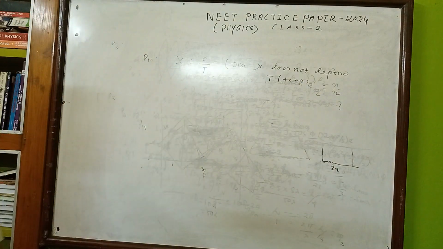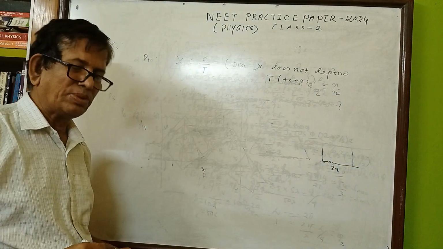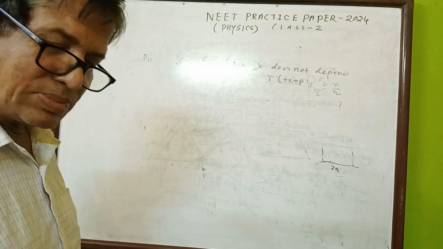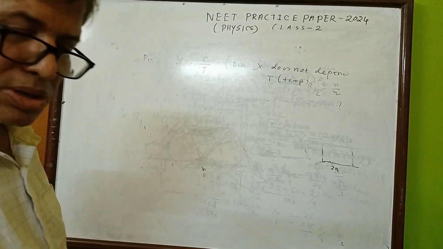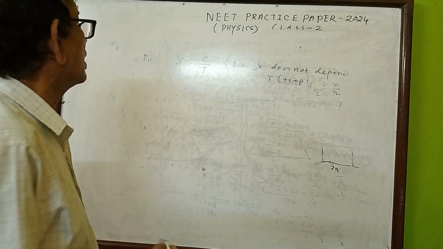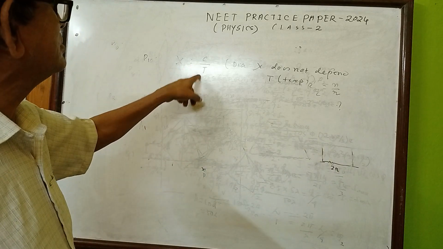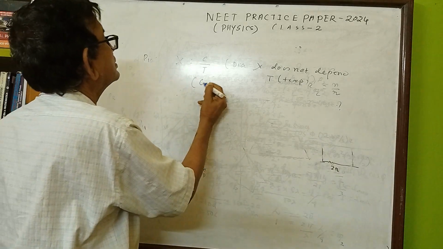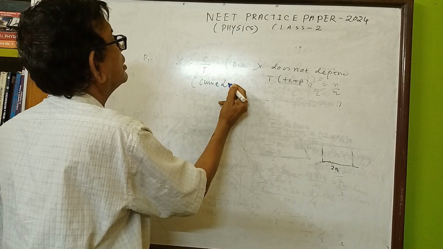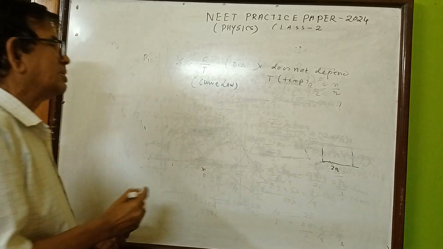But for ferromagnetic there is a particular temperature when chi will be maximum, and you must calculate this value. Already you know this chi equal to C by T is known as Curie law. Always remember Curie law.